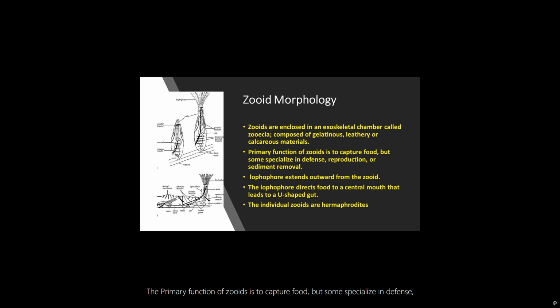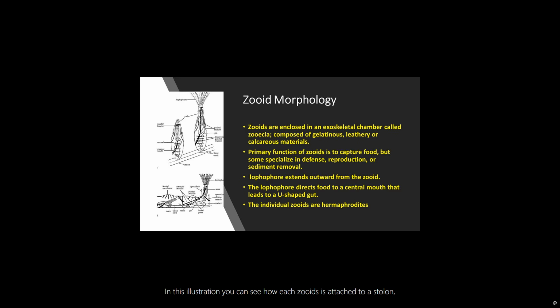The primary function of zooids is to capture food, but some specialize in defense, reproduction, or sediment removal. The lophophore extends outward from the zooid and directs food to a central mouth that leads to a U-shaped gut. Each individual zooid is a hermaphrodite containing both male and female reproductive organs.